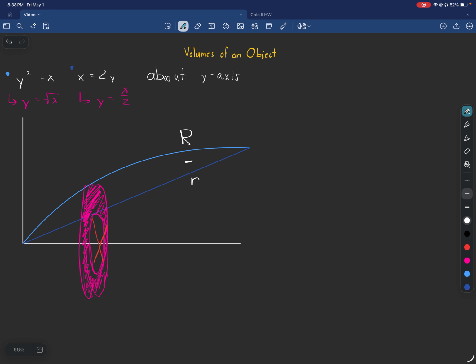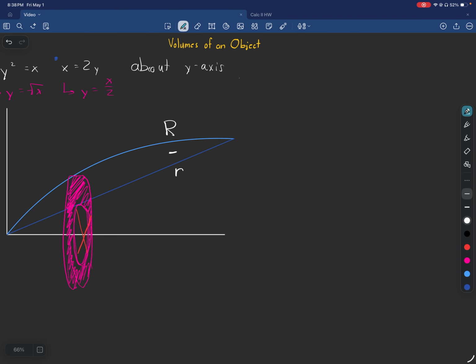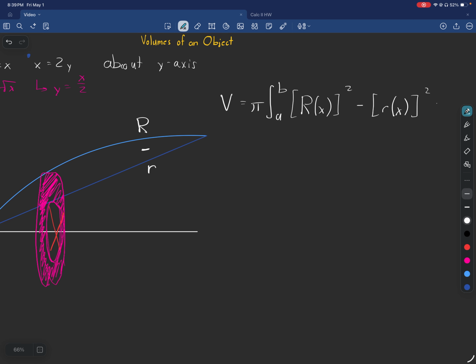And again, we have to have these as functions of x. We're using the same area formula. So our new formula would look something like this. For our outer radius, oops, being subtracted by our inner radius, like so.